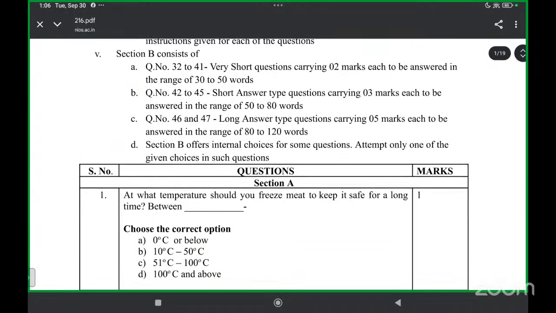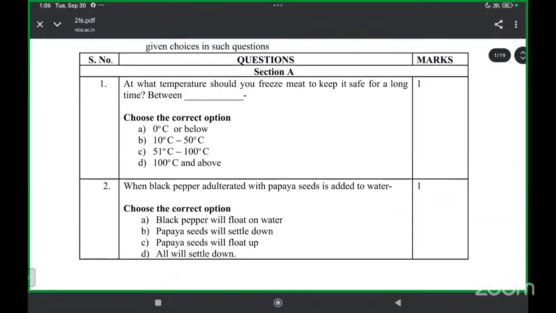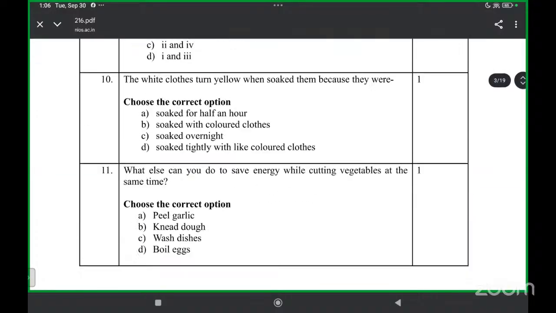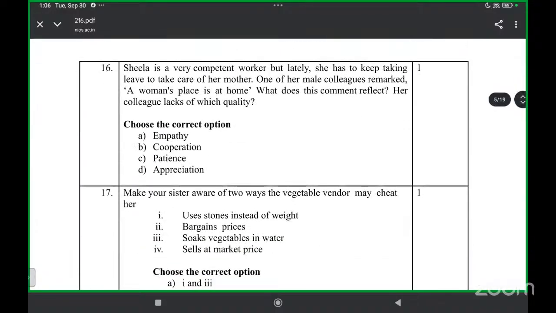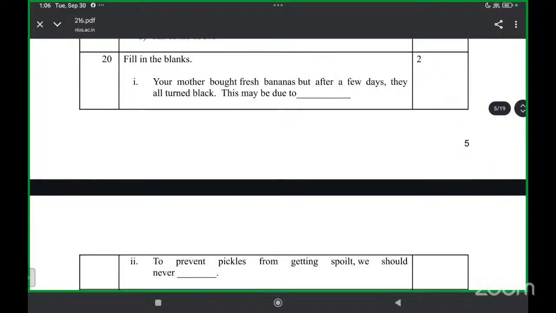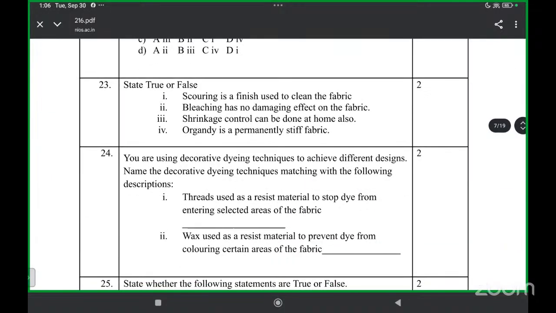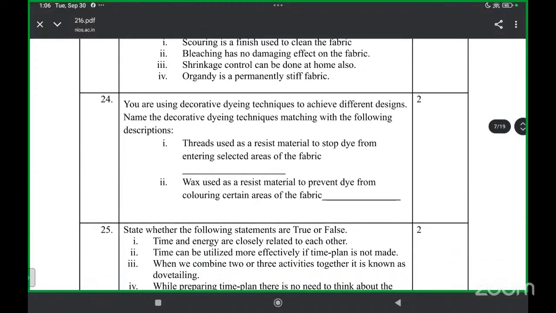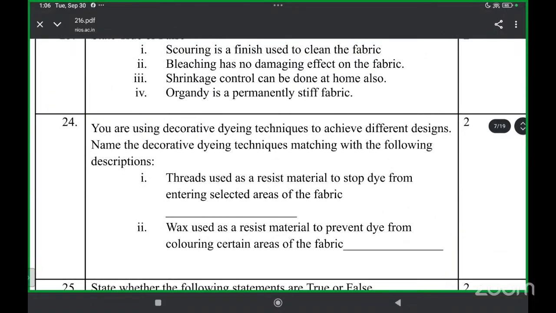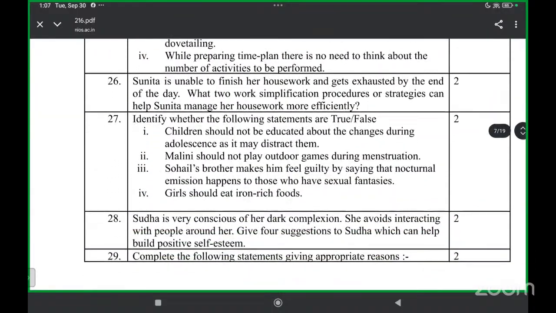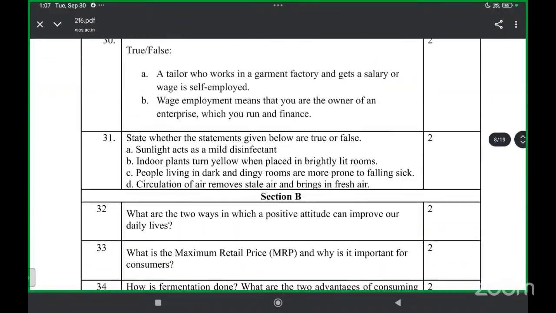So this is your MCQ, 19 MCQs. Then you have fill in the blanks, true or false, match the column, again true or false, name the decorative dyeing techniques, true or false, identify. All of this is there.